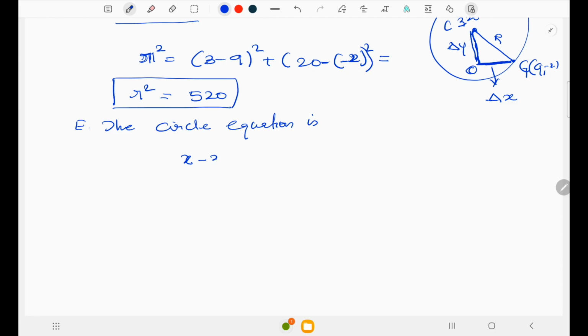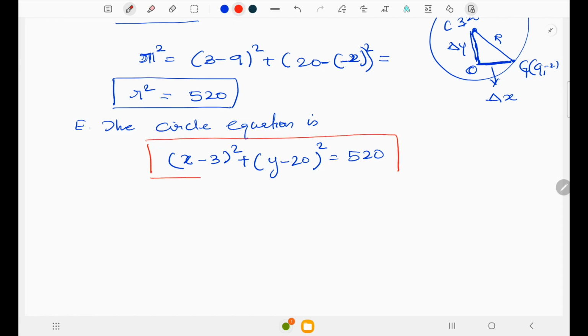X minus 3 whole square plus y minus 20 whole square equals r square. The 3 is the x coordinate of the center, and 20 is the y coordinate of the center. What is r square? 520. Hence we found the circle equation.